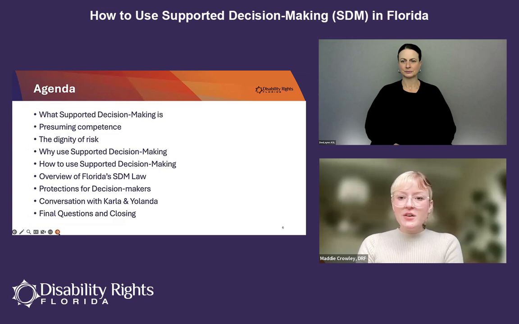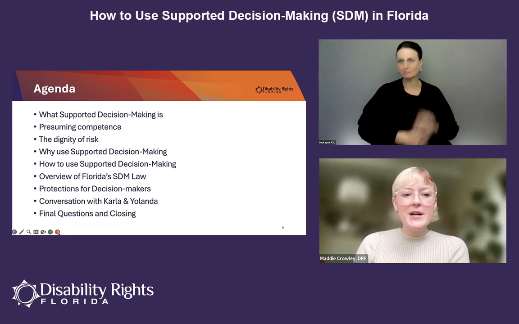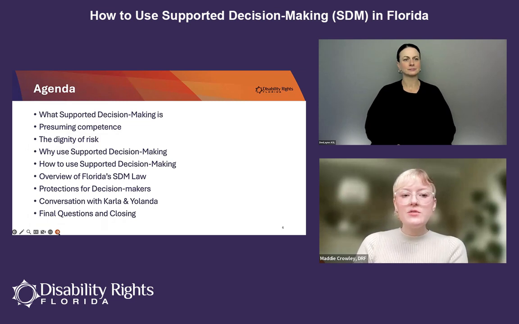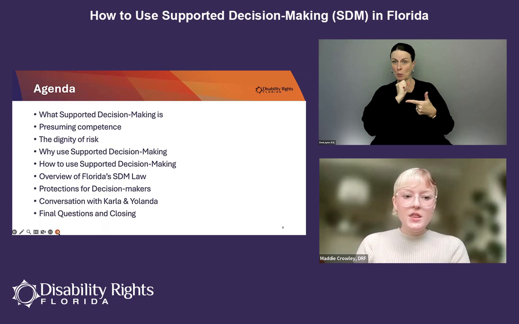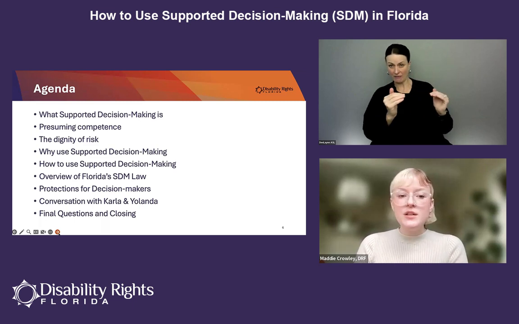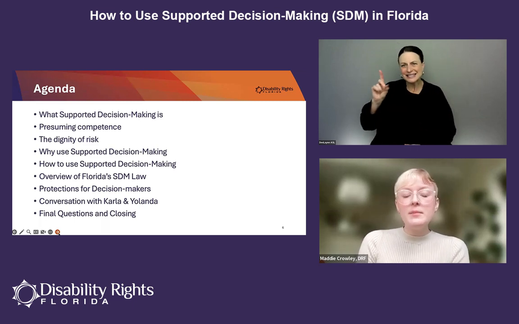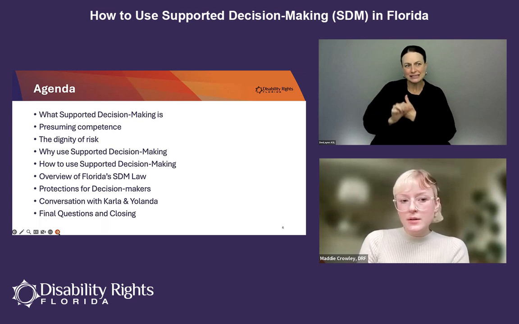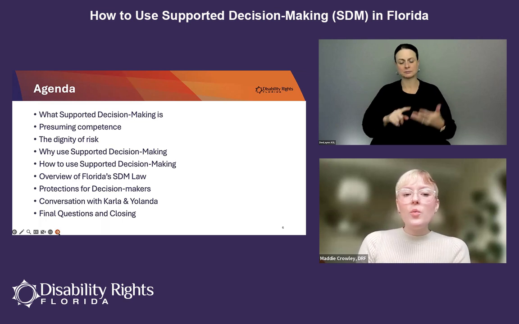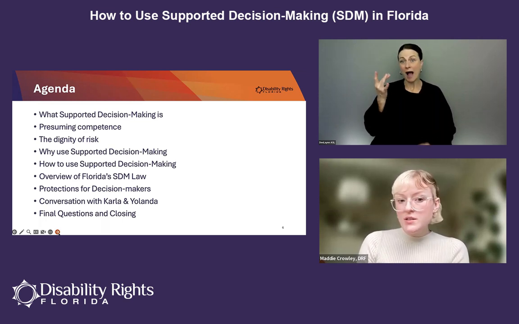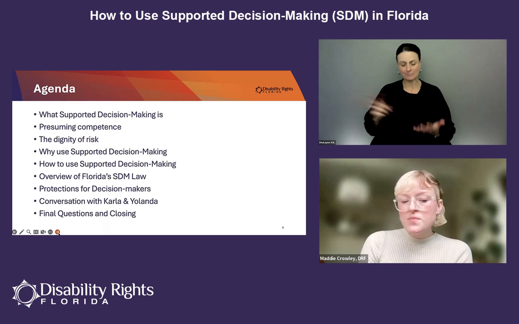So to get started, we have a brief agenda of the different things we're going to discuss today. First, we're going to cover what supported decision-making is. Next, we're going to talk about presuming or assuming someone's competence. Third, we're going to talk about the dignity of risk and the ability to make risk choices and decisions. Then we're going to talk about why use supported decision-making and how to use it.